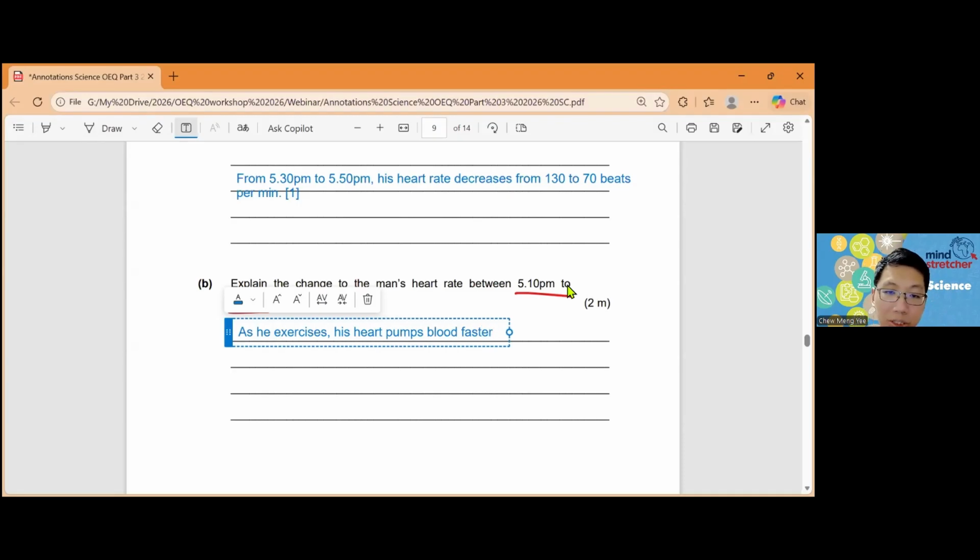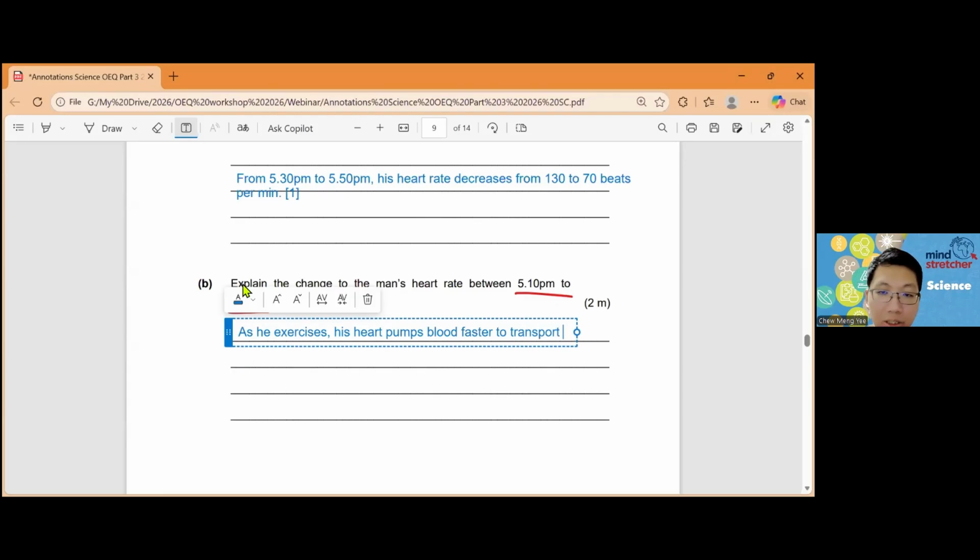Now, a very common mistake here is that students will write his heart pumps more blood. Technically, the heart does not pump more blood. How can the heart pump more? The heart is only so big. It cannot pump more blood. It just pumps faster. Your heart rate increases, right? So it's pumping faster and faster. It's not going to pump more blood each time.